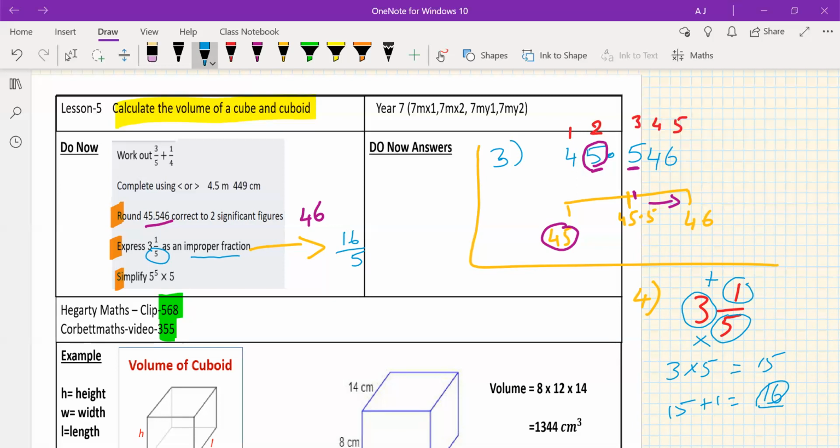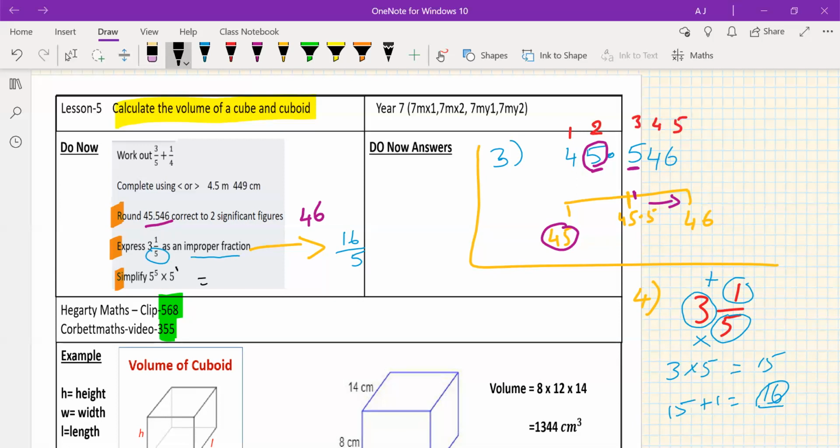Last, which is question number 5 from do-know. The question is, simplify 5 to the power of 5 times 5. When we say the 5 alone, we also know that is 5 to the power of 1. In the previous lesson 4, there was another example in do-know, and we explained that very carefully.